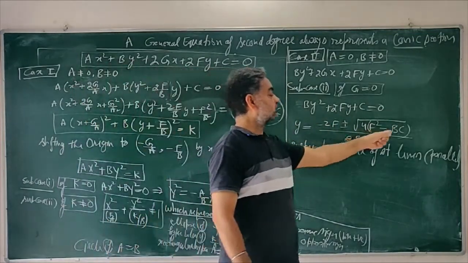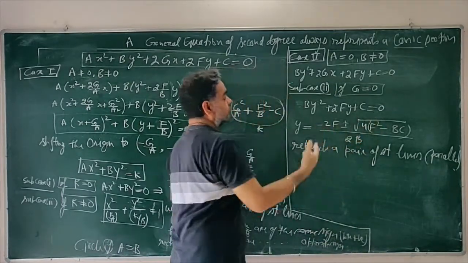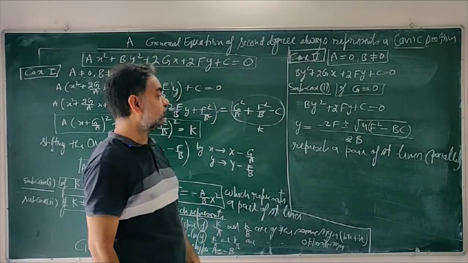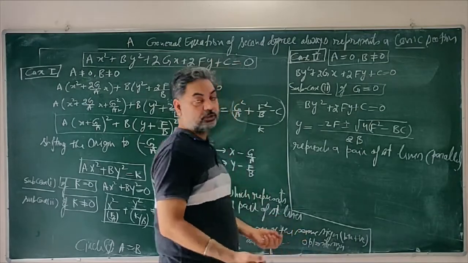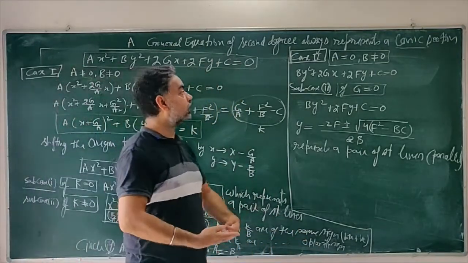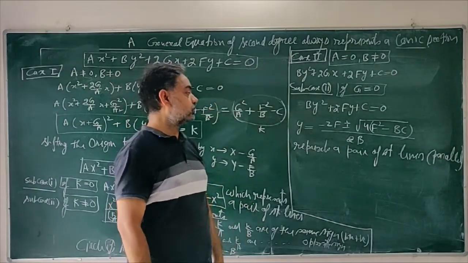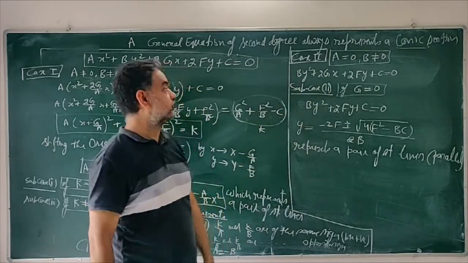And if f square minus bc is 0, then you have two coincident lines. And all these, pair of parallel lines, pair of straight lines, coincident lines, they are all conics. So in case 2 also, we have discussed that the equation will represent a conic section.